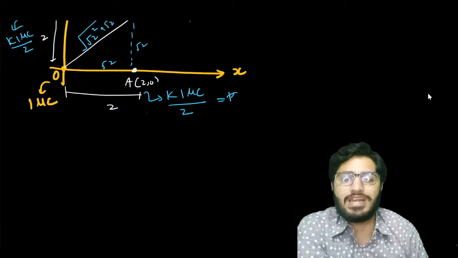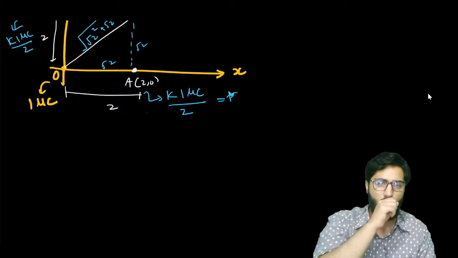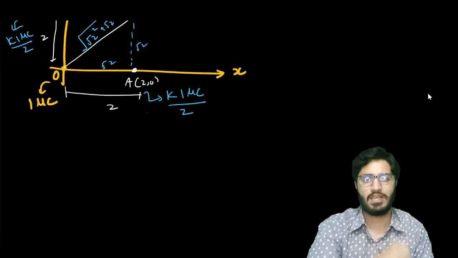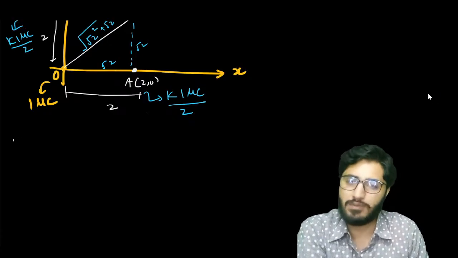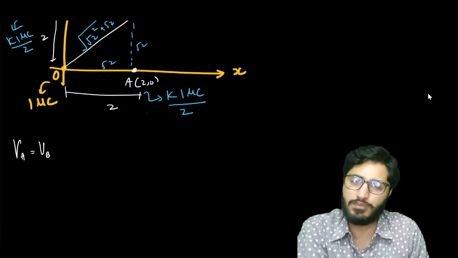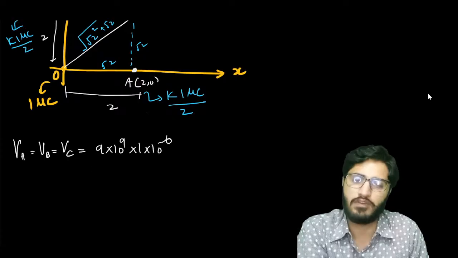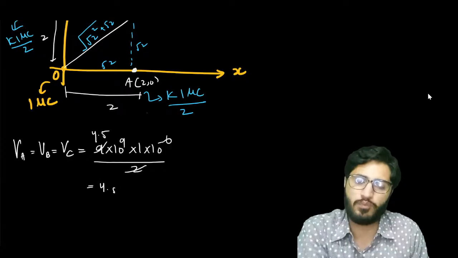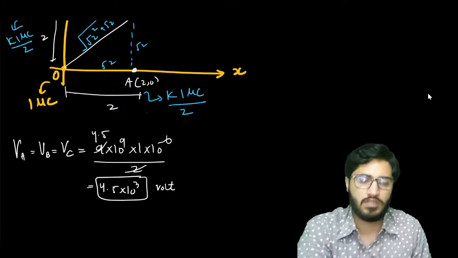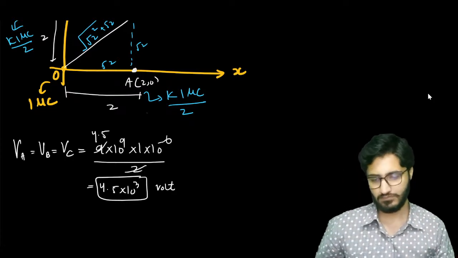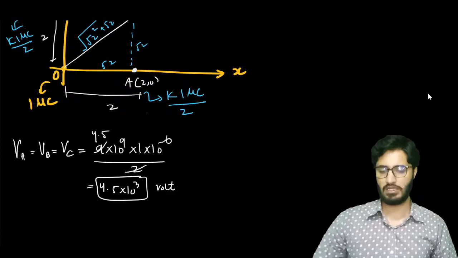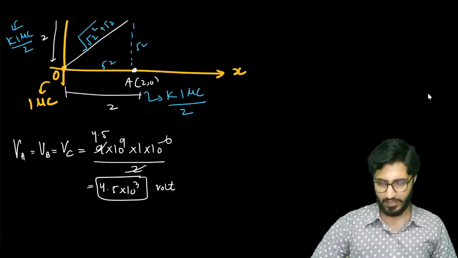So I can write that potential at A equals potential at B equals potential at C equals K, which is 9 times 10 to the power 9, times 1 microcoulomb divided by 2. That is 4.5 times 10 to the power 3 volts. This is my answer. This is how we have to manipulate the numericals to get our answer, no?